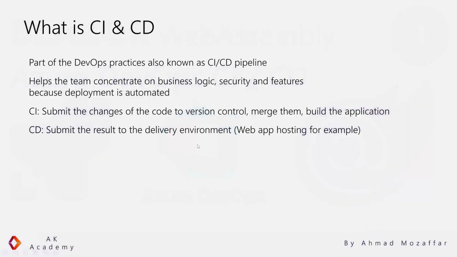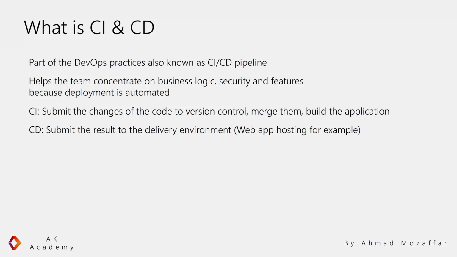So before we start, let's just explain very quickly what Azure DevOps and continuous integration, continuous delivery are. First, part of the Azure DevOps practices is called CI/CD, or continuous integration and continuous delivery.